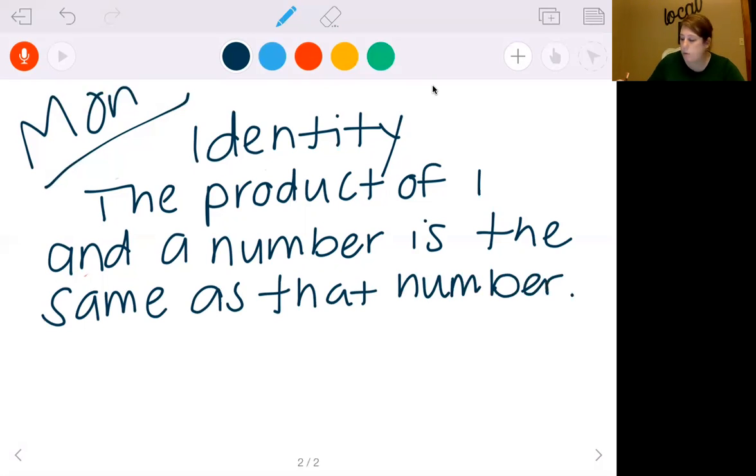Okay, an example here would be 8 times 1 equals 8. Anything times 1 is going to equal that number.